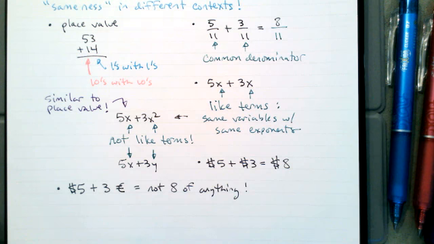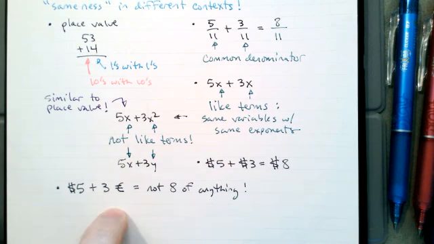So also what a lot of you pointed out, and you kind of had to do this on the sameness quiz, is that I asked you to add some things that we couldn't add by just adding the 5 and the 3. We had to change things around. So on the quiz, I said, what if we have $5 and €3, but we wanted to add these values together to see how much money we have in one particular currency.